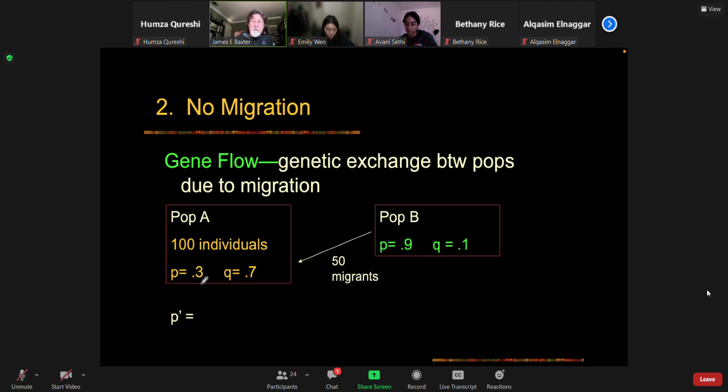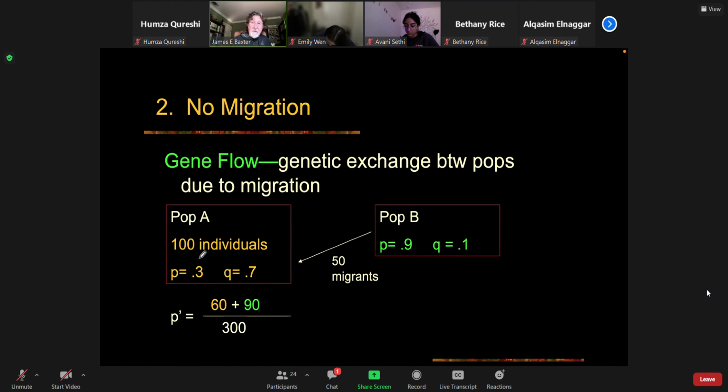So how many alleles do we have? 60. Of our migrants, we have 100 alleles, 90% are the dominant allele. So how many alleles? 90. So we add those together, 60 plus 90.